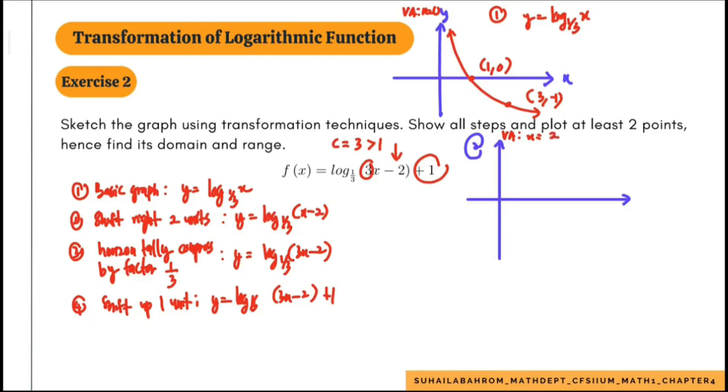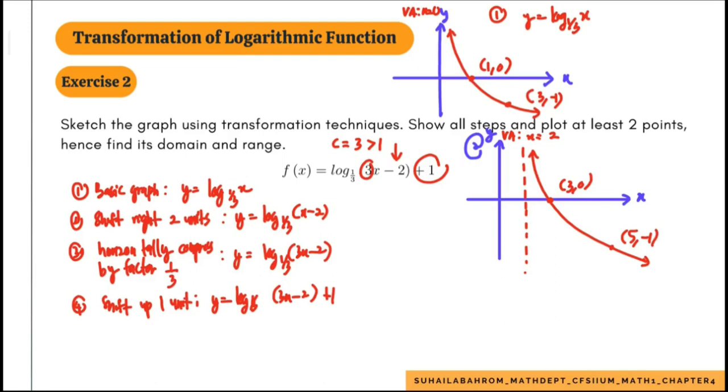This is the y-axis, this is the x-axis. We have to draw the new vertical asymptote first, x = 2. Then we will have the graph on the right of that vertical asymptote, with the new coordinate from (1, 0) becoming (3, 0), and the coordinate (3, −1) becoming (5, −1).